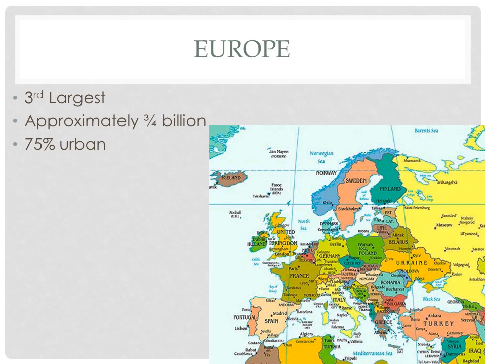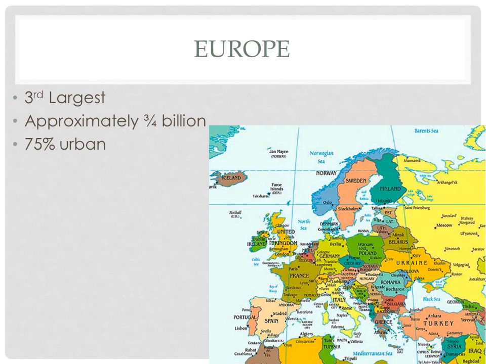Our third population agglomeration is going to be Europe. And this is our third largest population agglomeration, representing about 750 million people. Right? And it should be noted that when we're talking about Europe, we're also including the European portion of Russia as well.